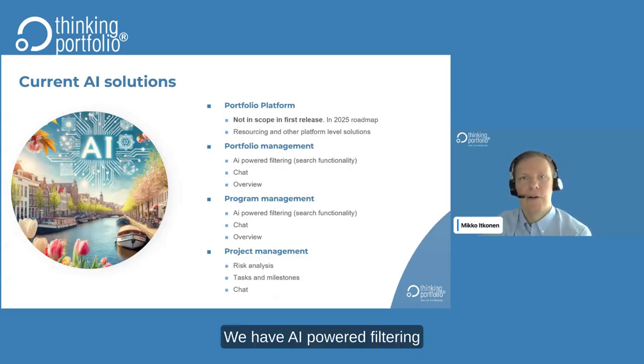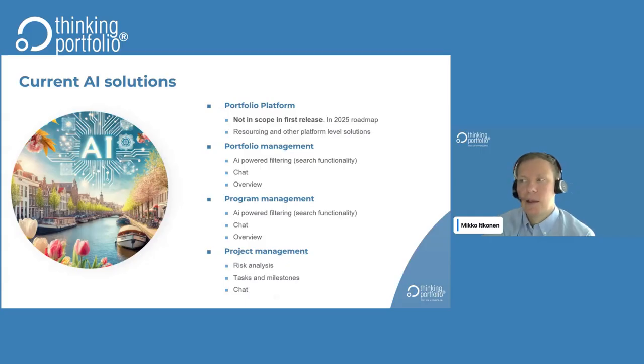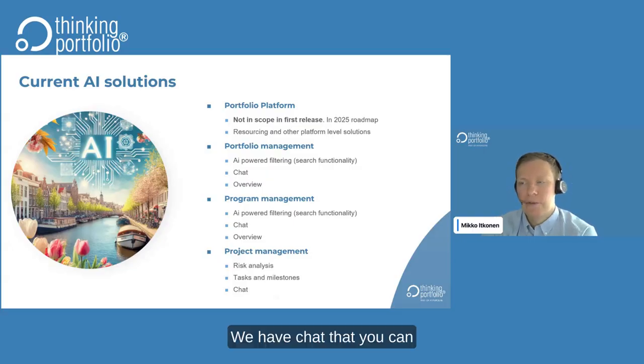We have AI-powered filtering, which is a kind of search functionality. We have chat that you can use to interact with your data model or portfolio. And then we can do AI-powered overviews of the portfolio.